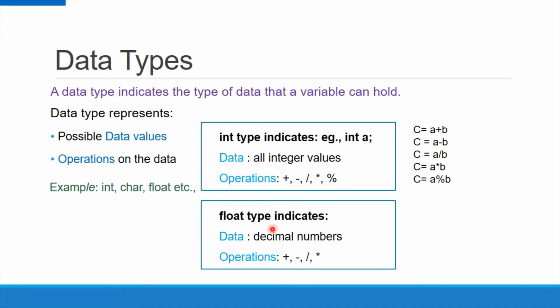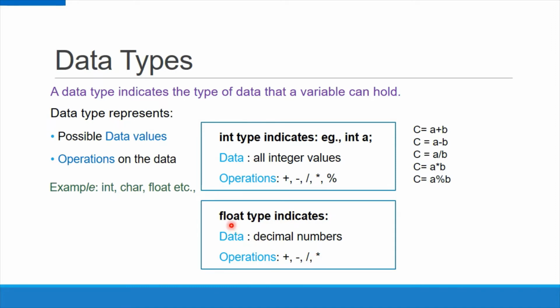And next is float data type. The data values it can store are decimal numbers with a decimal point like 2.4, 4.5. So these values you can store with the help of float data type. And next is operations: addition, subtraction, division and multiplication you can perform.